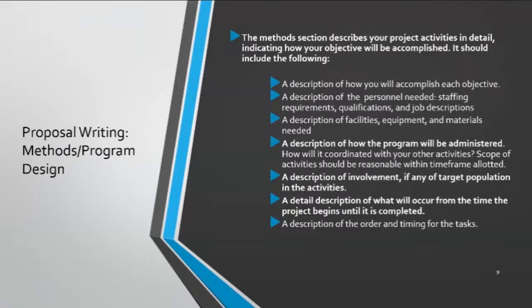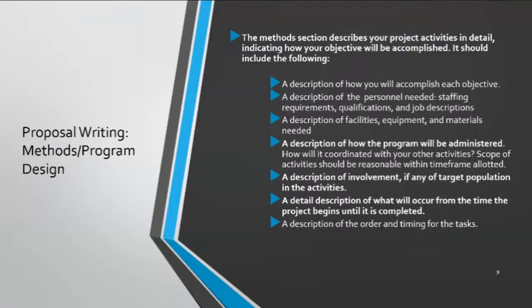That is, the scope of activities should be reasonable within the time frame allotted. And next, there should be a description of the environment, if any, of the target population that you're talking about, having them engage and getting their thoughts as relates to the program, getting that feedback.